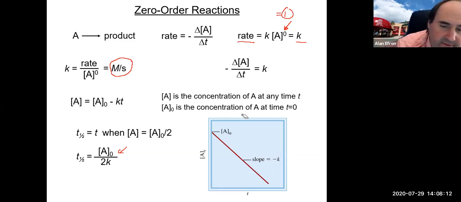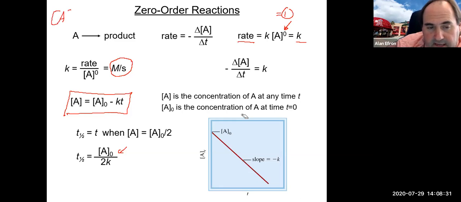This is our integrated rate law or concentration-time one. It looks exactly like first order, except it doesn't have the negative, it doesn't have the natural log in it. So no natural logs here. And if we rearrange that equation, A equals minus kt plus the initial, that is our y equals mx plus b.